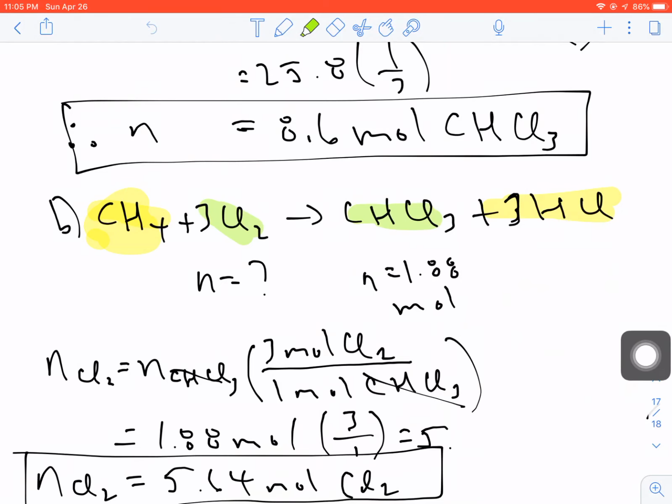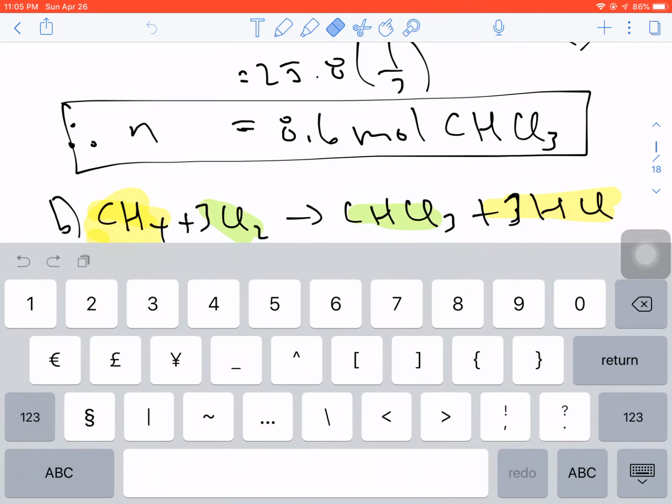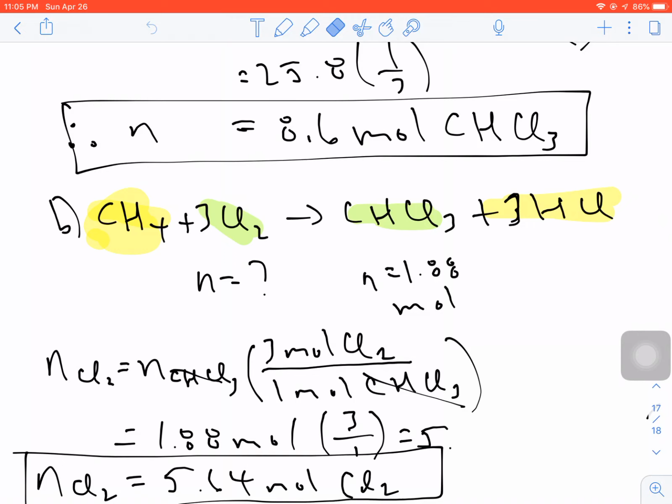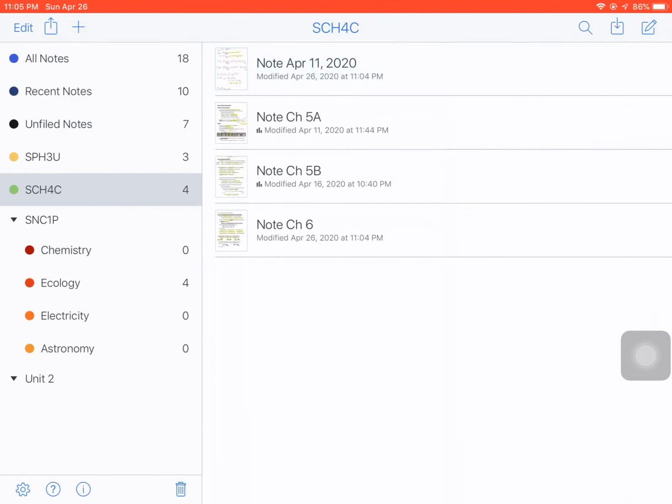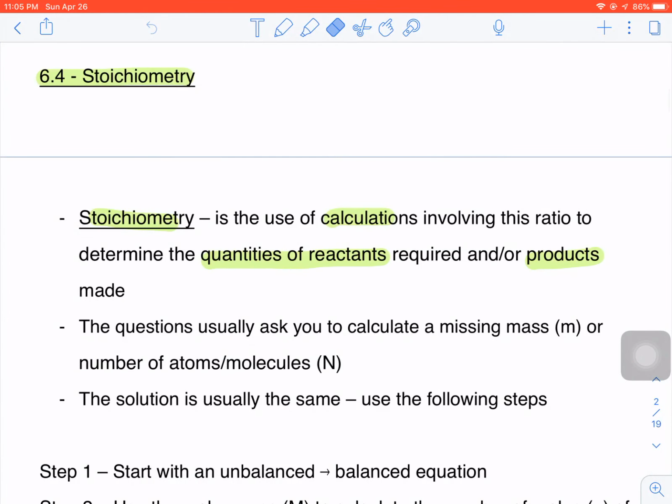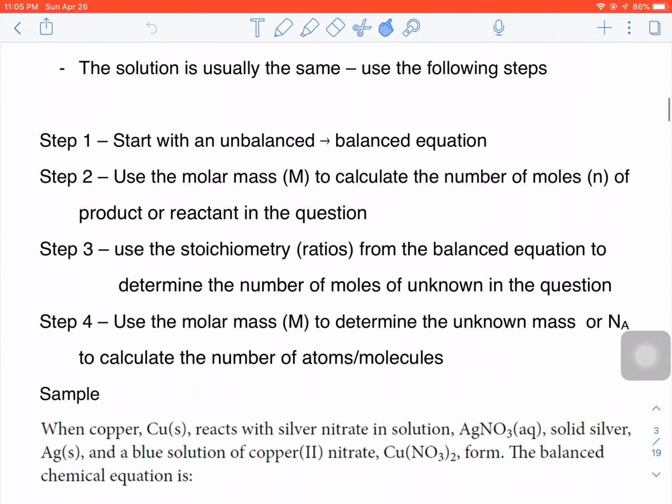But the question is, how do I know how much is 5.64 moles of chlorine? So today we're going to do the last big step in this whole process, which is to decide what mass I need of my reactant in order to make product, or what mass of product I'm going to get when I have a certain amount of reactant.